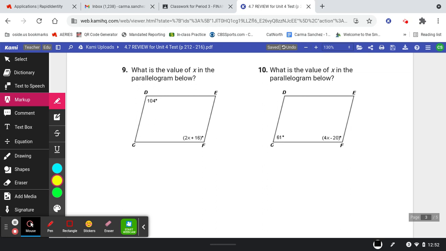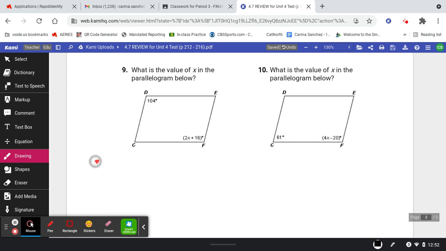All right, what's the value of x in the parallelogram? So again, before we get started, we're thinking of all those properties of parallelograms, and we know that opposite angles are congruent. So do you see the equation we should set up?